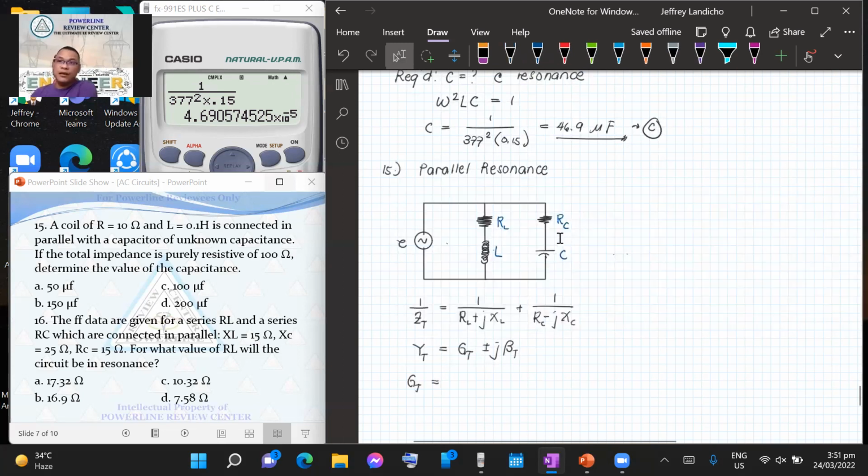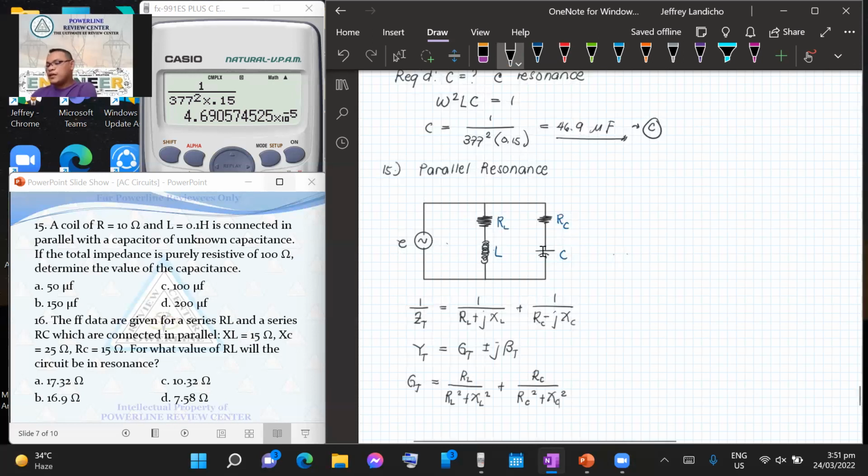So, conductance is directly additive since that is the real component. So, conductance of RL circuit, that is simply RL over RL squared plus X sub L squared. Ito rin yung dinerive natin kaninang formula for the conductance. Plus, yung conductance ng ating RC circuit. So, it should be RC over RC squared plus X sub C squared.